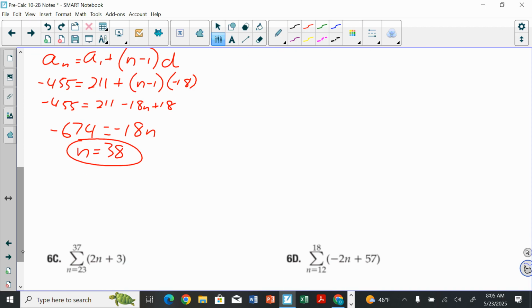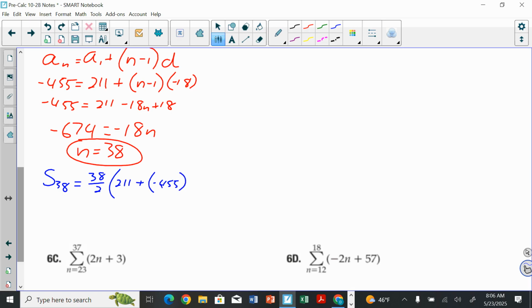So S of n, S of 38 terms there, would be n over 2, so 38 over 2 times a1 plus an. Well, a1 I know is 211, and an is negative 455.